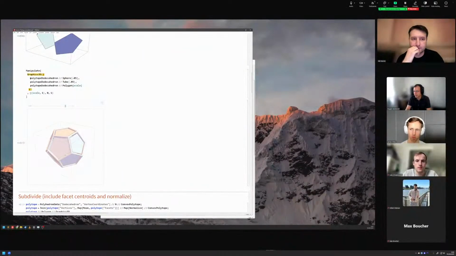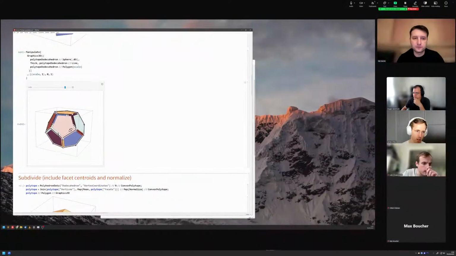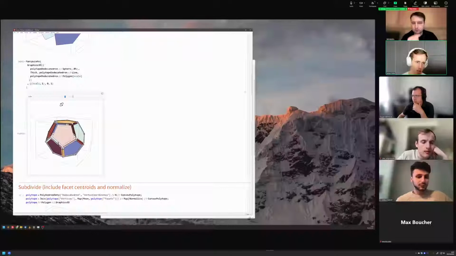So I added support for sphere and tube and line. Dugan, is there a way you can visualize these faces extending beyond the vertices?